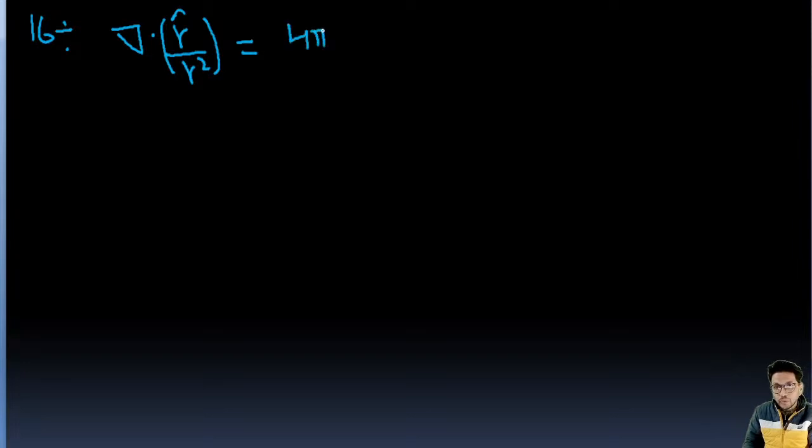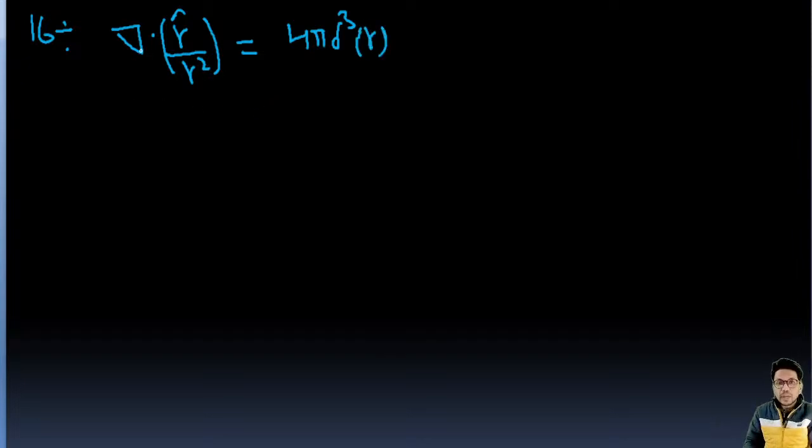Okay, so property number 16. Divergence of r cap upon r square is equal to 4 pi del cube r. This is the 16th property.